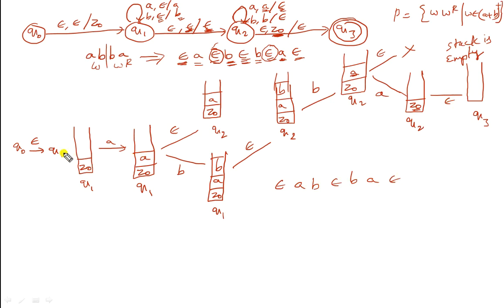You can see here epsilon A, B, epsilon B, A, epsilon. So which epsilons have we omitted? This particular epsilon we have omitted, and this particular epsilon we have omitted. Like this we are going to traverse the string accordingly.